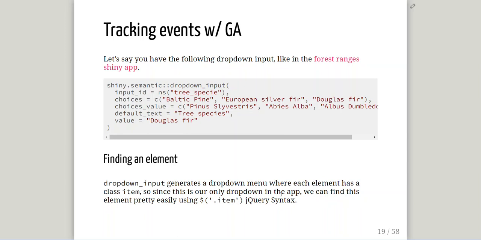Since that's the only dropdown in the app, they can call out this element pretty easily, and all they need to do is use the syntax here, $, quote .item, and that's jQuery syntax.